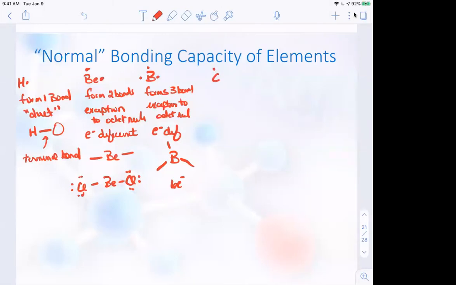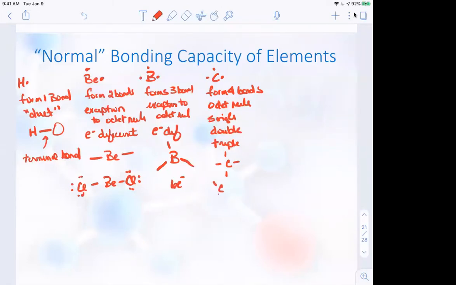Next, we come up with carbon. Carbon will form 4 bonds. This definitely obeys the octet rule. I can form single, double, and triple bonds with carbon. So you're going to see carbon that looks like this with 4 single bonds.